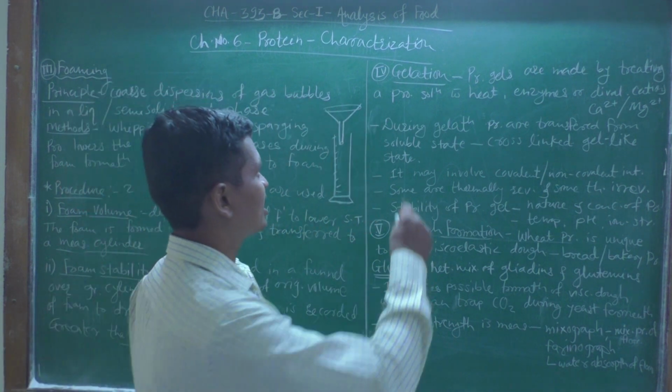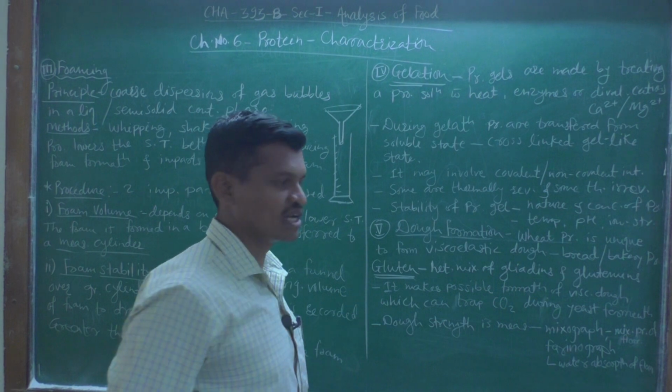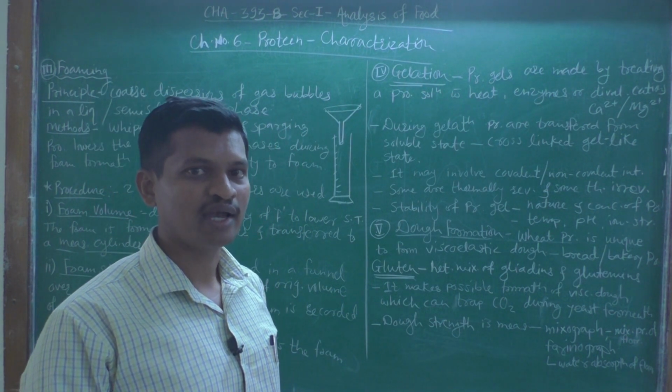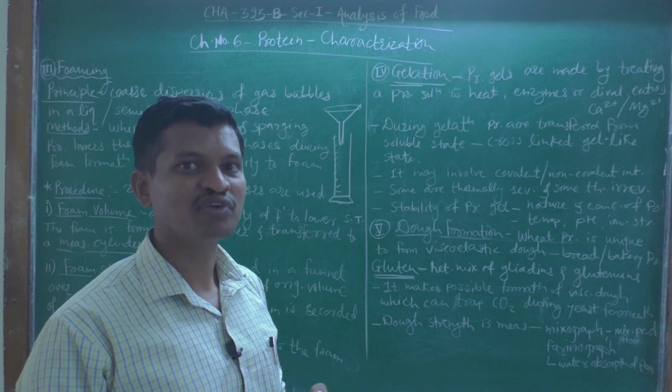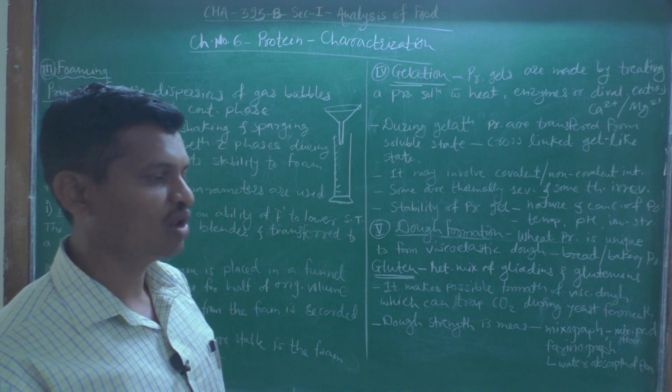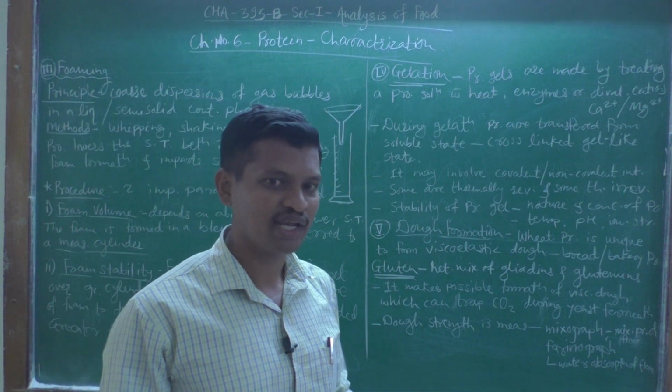Gel is another type of colloidal material. Just like emulsion, foam and gel, these are the different types of colloidal material. In all these types of colloidal material there are always two phases.